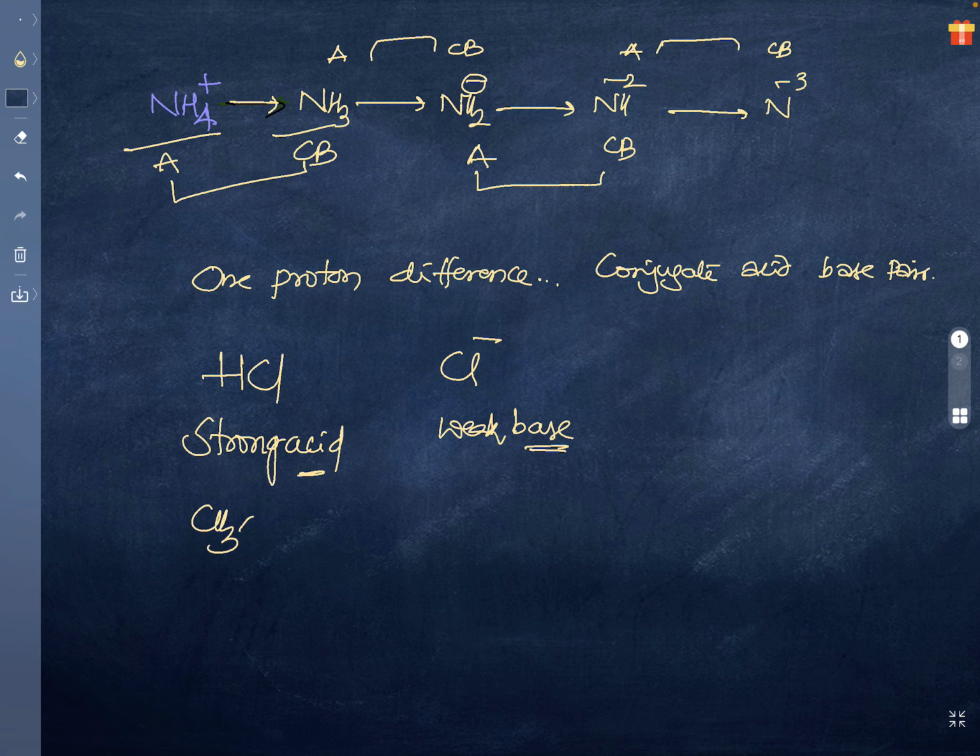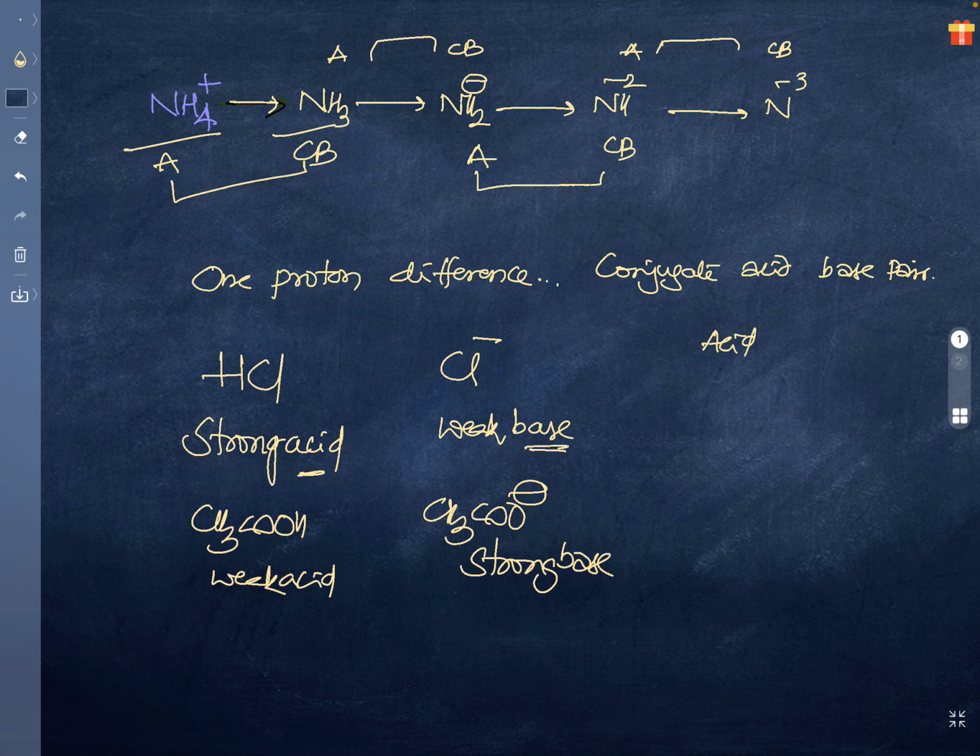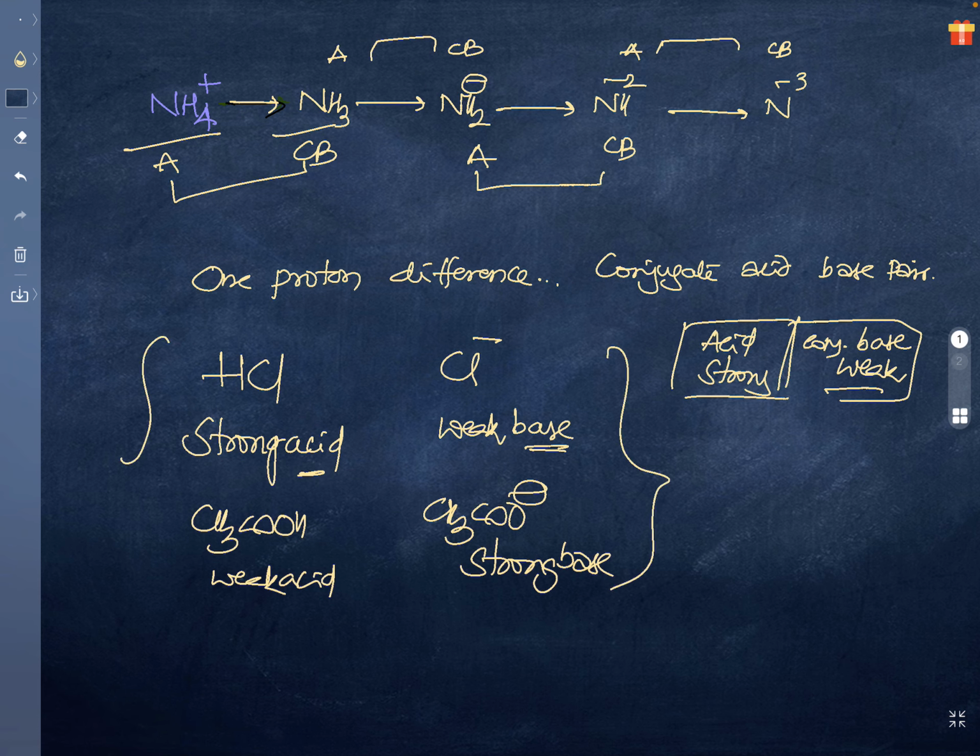Organic acids are weak acids in general, so CH3COO minus is a strong base. And vice versa, you can apply the same for bases also. Any base you take, ammonia, if it is a weak base, NH4 plus is a strong acid. If acid or base is strong, their conjugate will be weak. If they are weak, their conjugate will be strong.